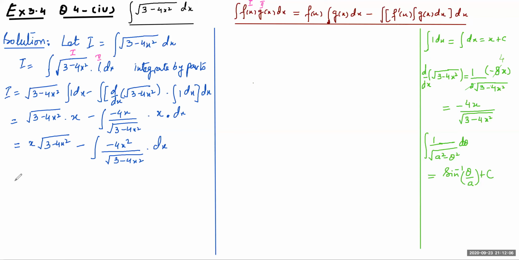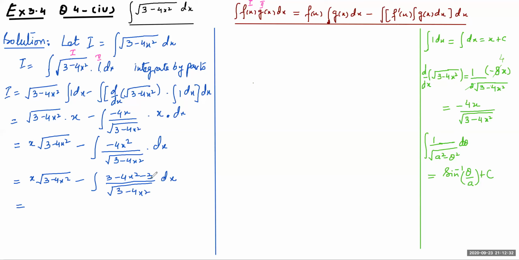Okay, now what is the next step? I am going to add and subtract a 3 in this numerator. As a result, I will get x into square root of 3 minus 4x square minus integral of 3 minus 4x square minus 3 divided by square root of 3 minus 4x square into dx.